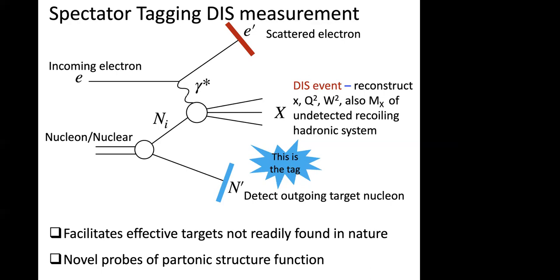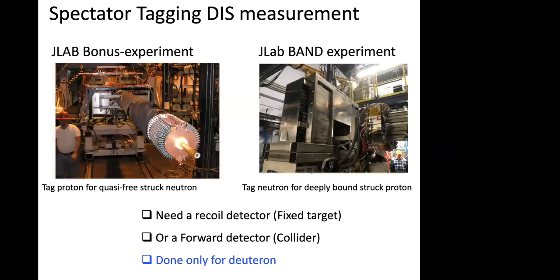This technique has been used in several experiments at JLab. For example, in the BONuS experiment and the JLab BAND experiment, both of them use deuteron, and they do different types of tagging depending on what they want to study.